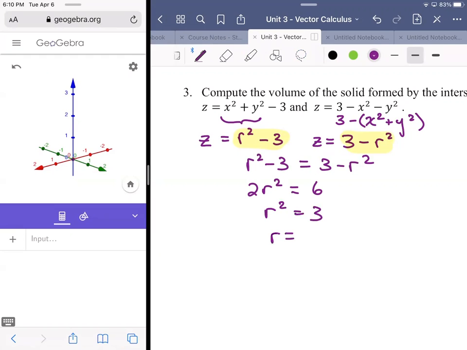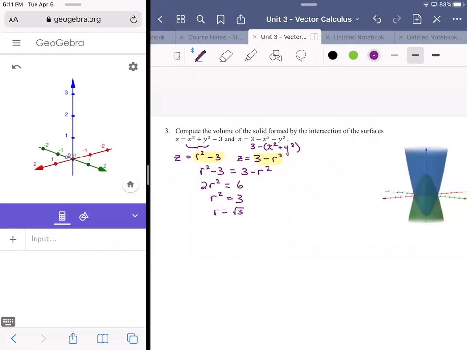Normally we would say r is plus or minus the square root of 3, but since this is going to be a circular function, we don't have to worry about the negative, because it's just going to trace out the path of a circle in a different direction. I just care about the path of the circle, not the movement along that path. So I'm just going to go with radical 3 here.